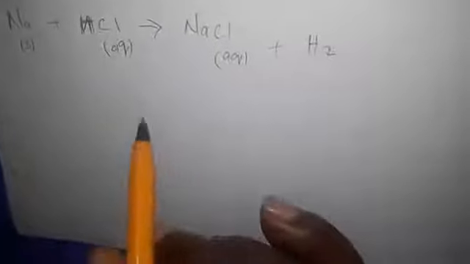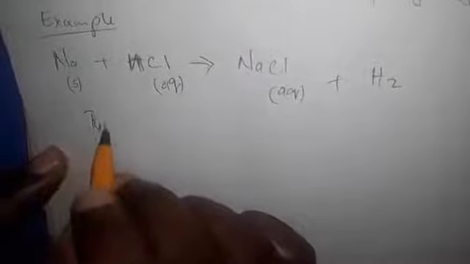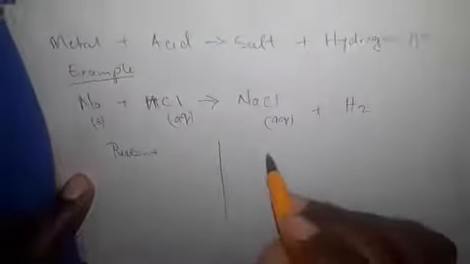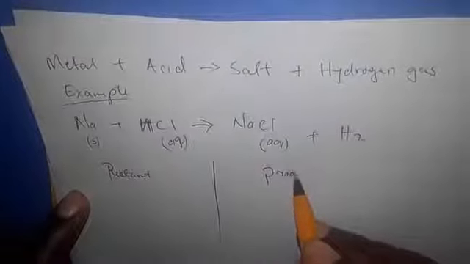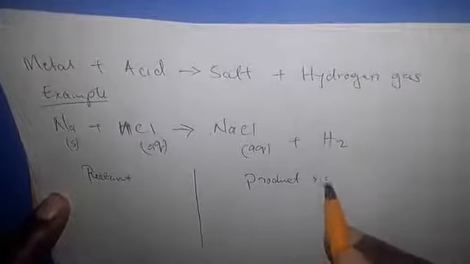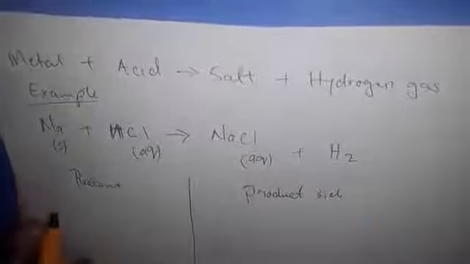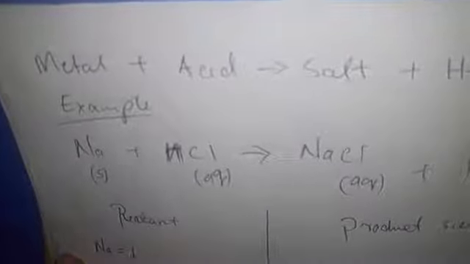So let's come to the reactant side and the product side. We have one sodium, one hydrogen, and one chlorine on the reactant side.